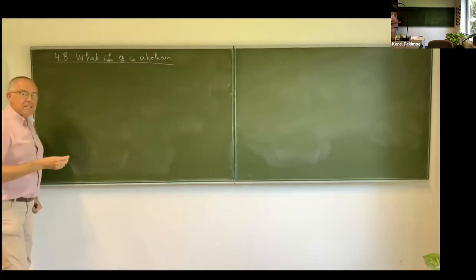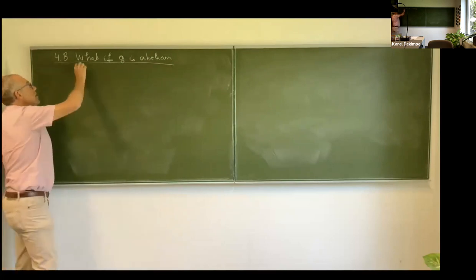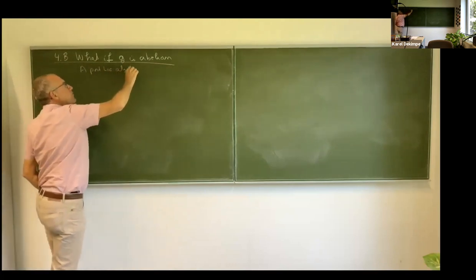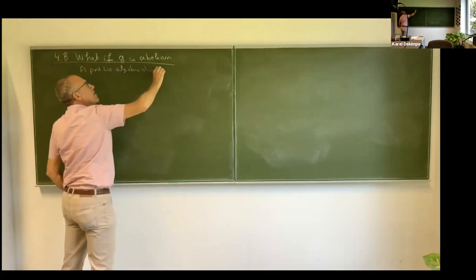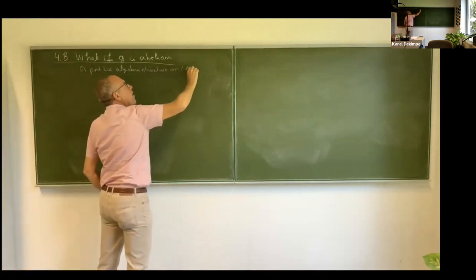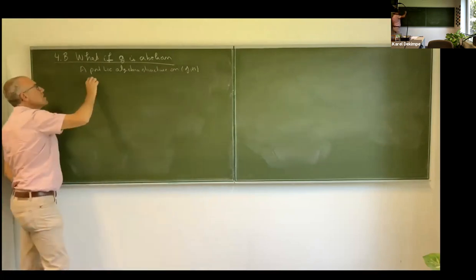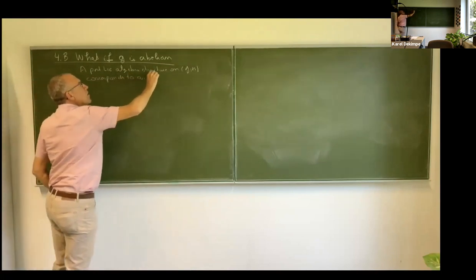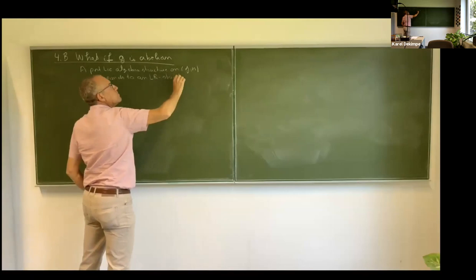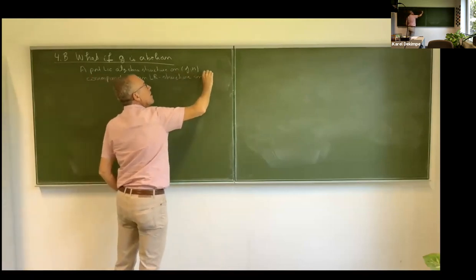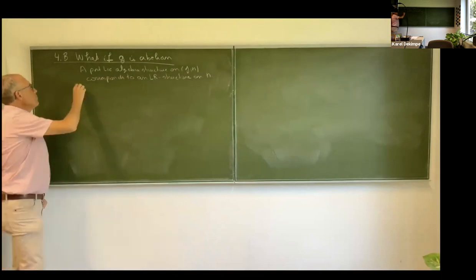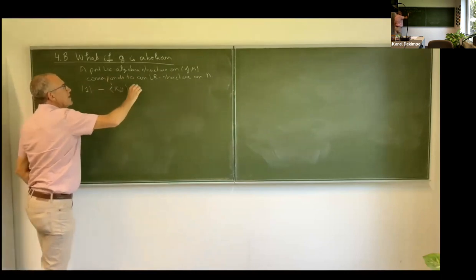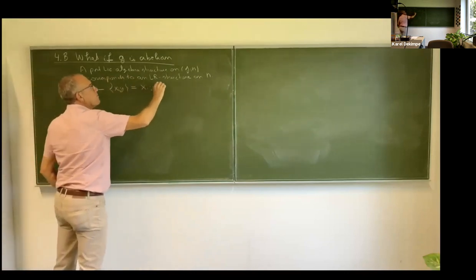Then, as explained already in the first class, a Post Lie algebra structure, or Post Lie structure for short, on (G, N) corresponds to an LR structure on N. So to be precise, we ask that minus {x,y}, curly brackets, is now x · y minus y · x.